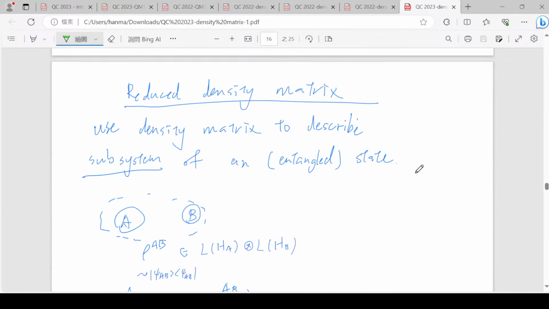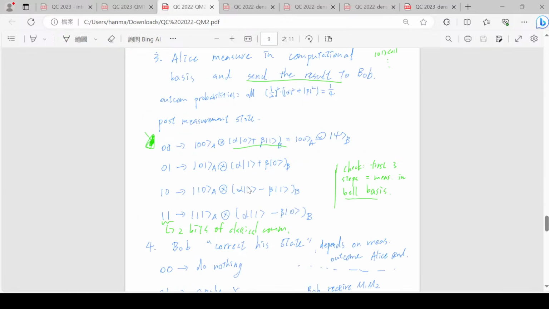It's a little annoying, but it's a very useful concept, and it's also a way that will naturally get the density matrix out of describing a quantum system. That is, we can use the density matrix to describe a subsystem of an entangled state. And I guess a good example is happening here, right?